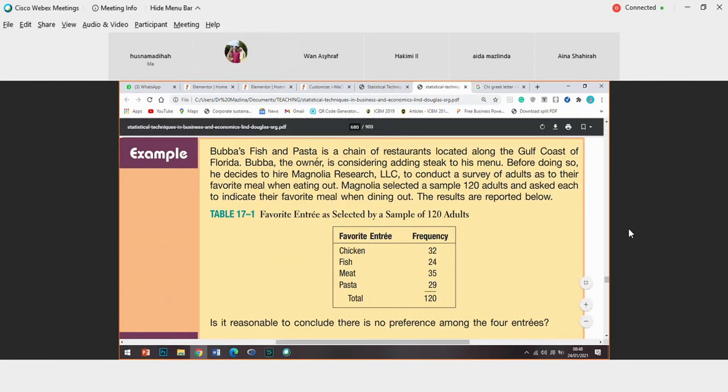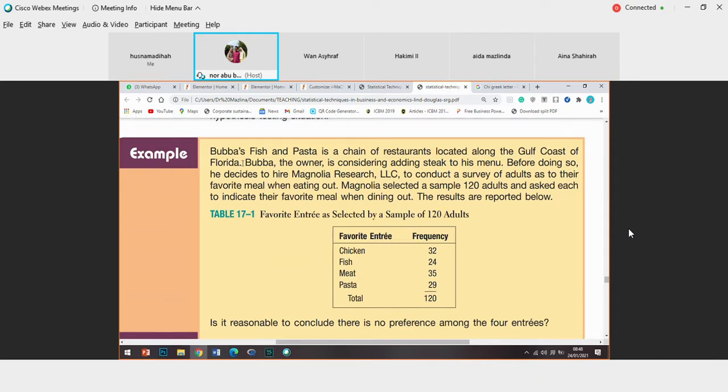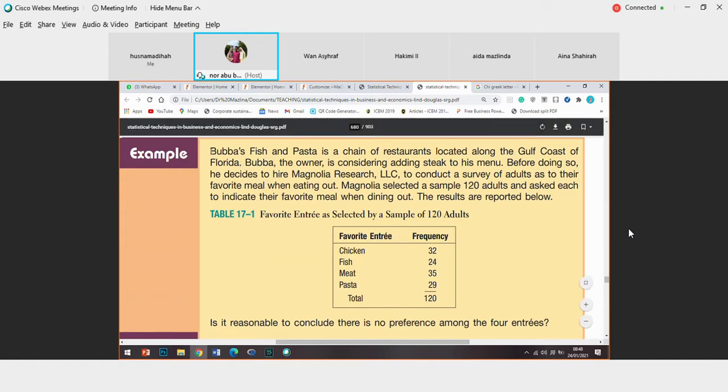Bubba's Fish and Pasta. This is a chain restaurants located along the Gulf Coast of Florida. Jadi bila example antarabangsa kita pun macam susah sikit nak faham. Tapi tak apalah, kita cuba imagine. Okay, very similar to what we have in like let's say tempat yang awak selalu makan tu, Manhattan Fish Market. Alright, okay.